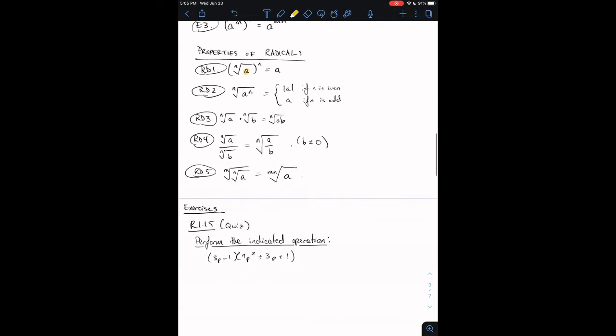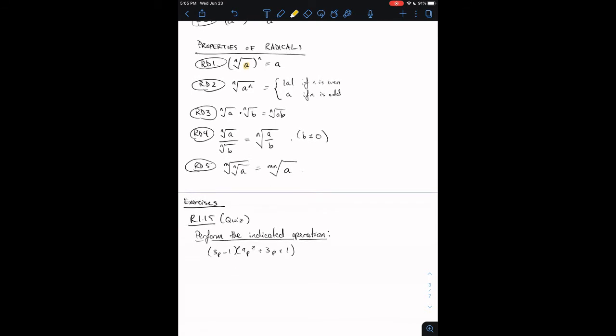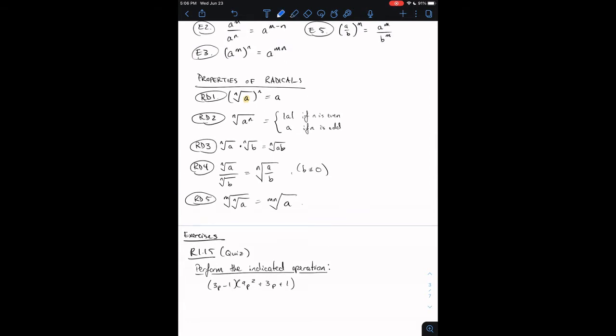And then with radicals, some of these things are less useful than others. Most of the properties of radicals are going to come from the fact that, remember this, the nth root of a is equal to a to the 1 over n. So all of the properties that applied to exponentials also apply to radicals.